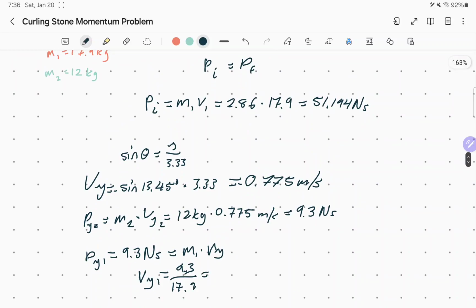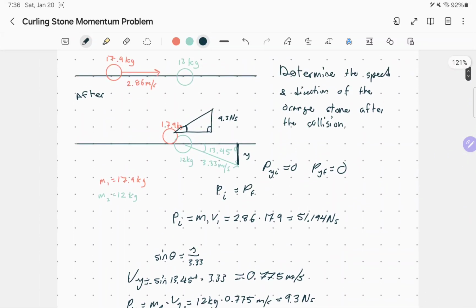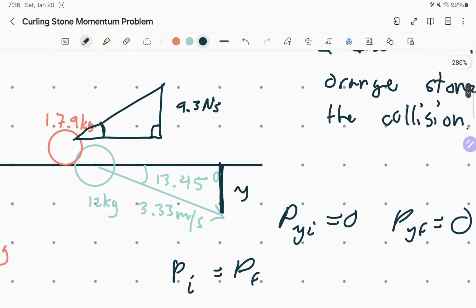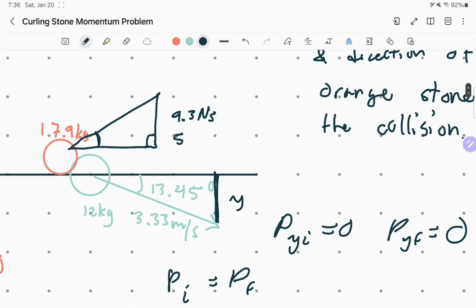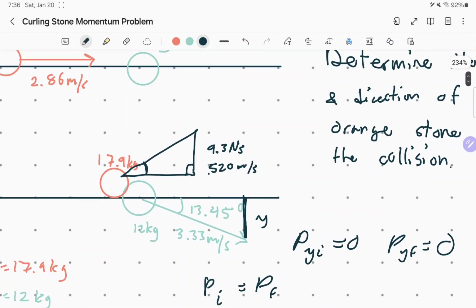This gives 0.520 meters per second. So we will just put this down here. So now all we've got to do is find this x velocity.